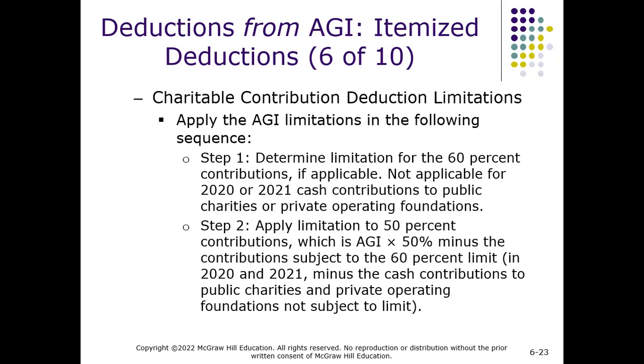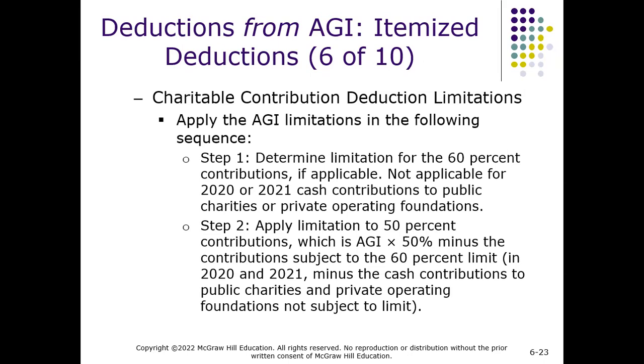Ordinary income property, next page, you can deduct the lesser of the property's fair value or adjusted basis. So ordinary property is something that isn't long-term capital gain. Basically, that's it. So you would take the lesser of the fair market value or the original basis. I'm sorry, the adjusted basis.